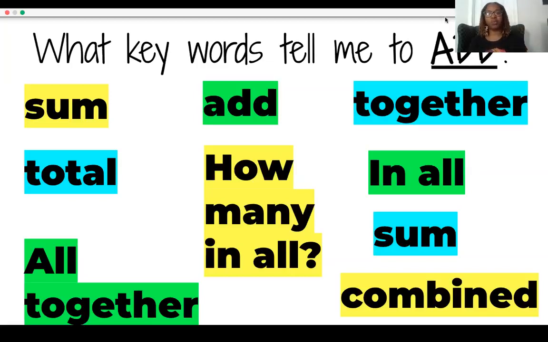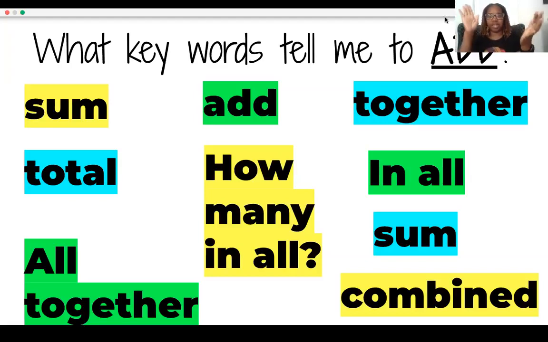Okay, so when we have a word problem, the key words that tell us to add are as follows. Now, if your students are having trouble figuring out when to add, I would suggest having them either get a sheet of paper and fold it into fourths and write their keywords in each square, or get some index cards and actually write each word on an index card.